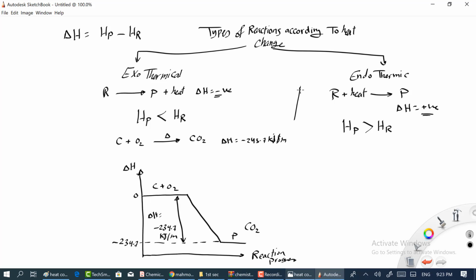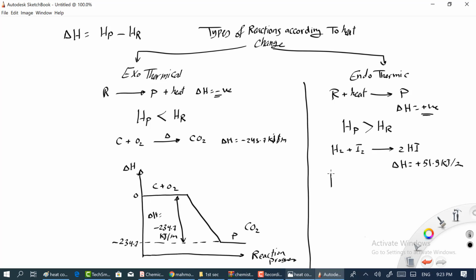And for the endothermic reaction between hydrogen and iodine giving us hydrogen iodide, the delta H value equals positive 51.9 kilojoule per mole.